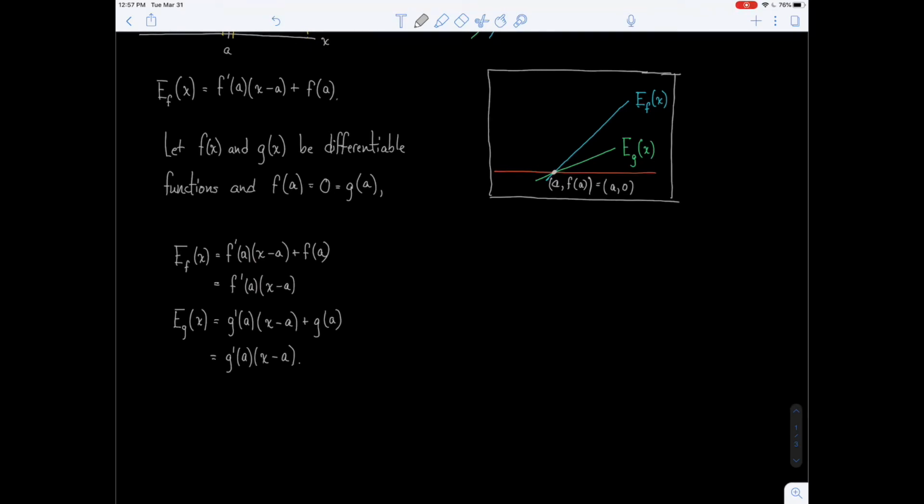Now let's do this. If we think of it this way, we could say, okay, well then the limit as x approaches A of f of x over g of x, well, that's just 0 over 0. But let's think of it this way.